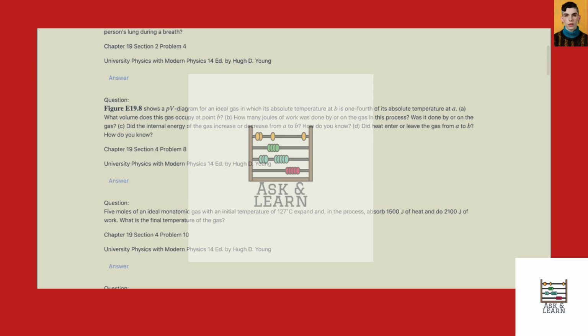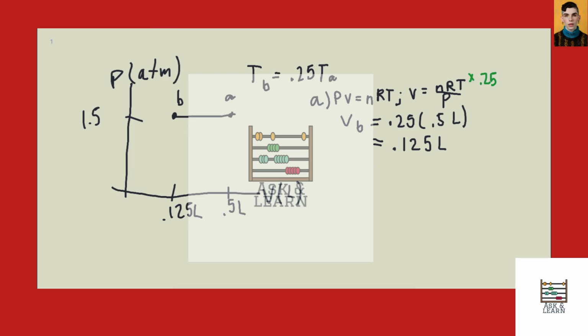So now on to the next question. How many joules of work was done by or on the gas in the process? Was it done by or on the gas? So, just going to go back and write for B. The work done by the gas is the integral of P dV. For a constant pressure, that's just P delta V, where delta V is V final minus V initial.